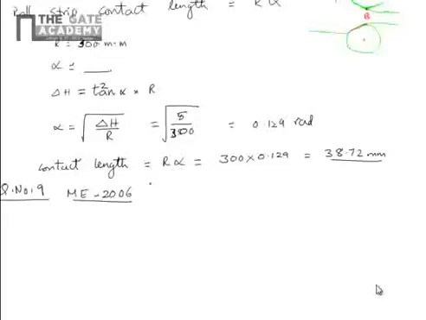What is the minimum possible thickness of the sheet that can be produced in a single pass? So he has mentioned the initial thickness of the sheet equal to 4 mm, which is nothing but h naught.